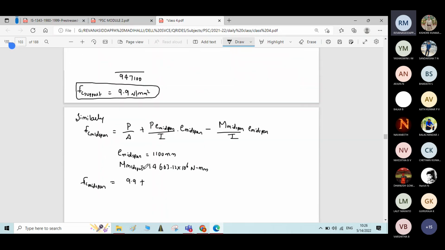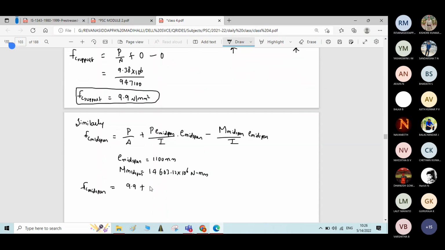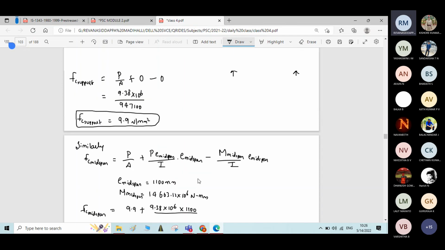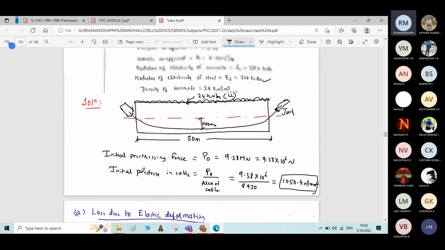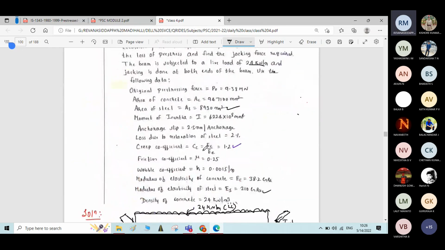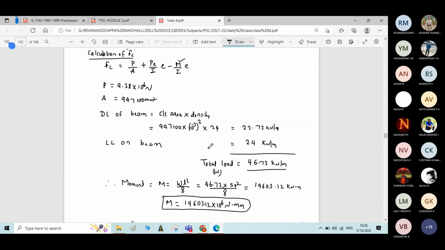P is 9.38 into 10 power 6, into 1100, divided by moment of inertia. How much is it? Just go through the problem. It is 6224 into 10 power 8 mm4.